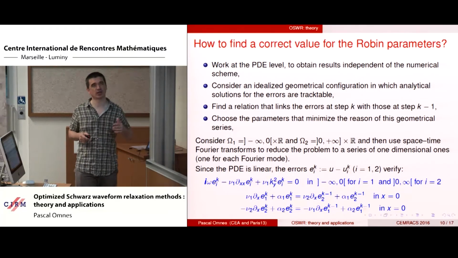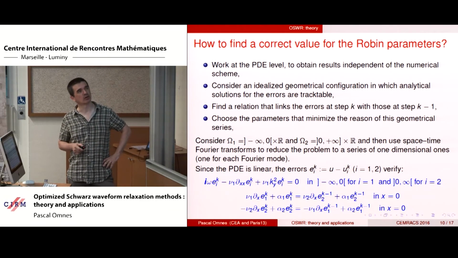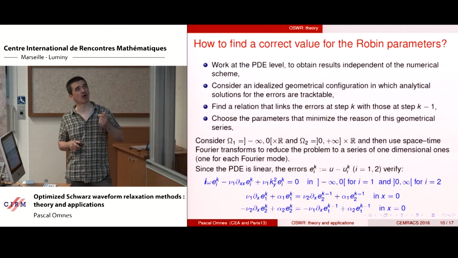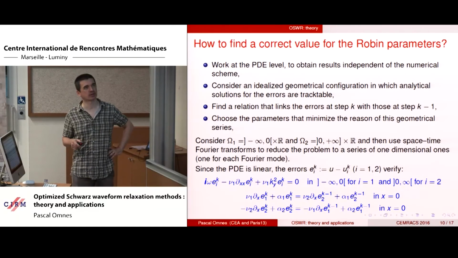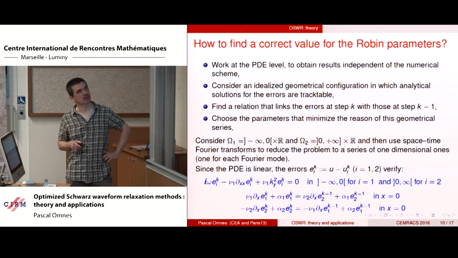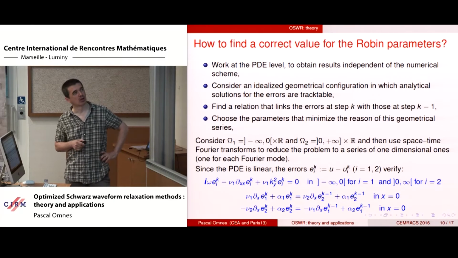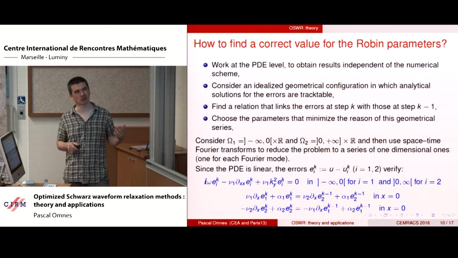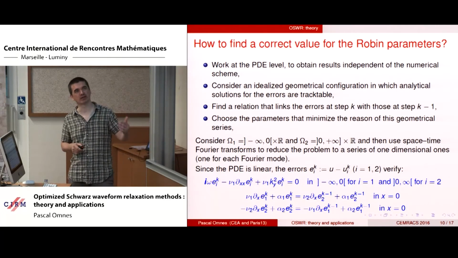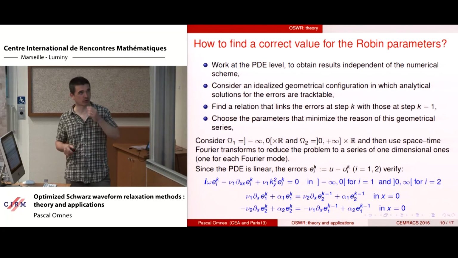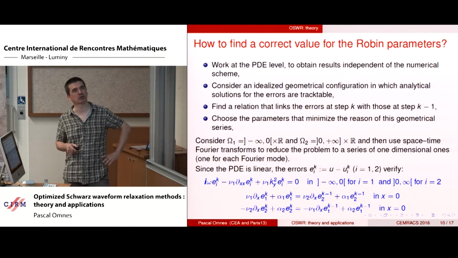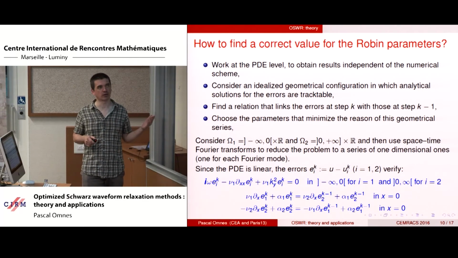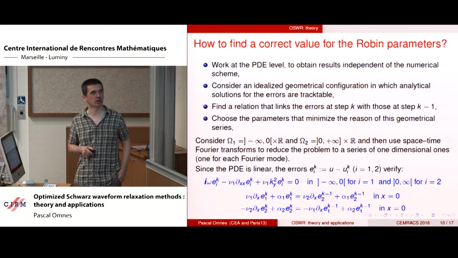And since everything is linear, you obtain a second-order ODE, which I wrote here, for the error being this quantity. So by linearity of the PDE, you obtain the same equation for the error as for your unknown, but with the right-hand side, which is 0, because you do f minus f. And the boundary conditions are simply the same as I wrote before, but you just replace U1 by the error in subdomain 1 and U2 by the error in subdomain 2.